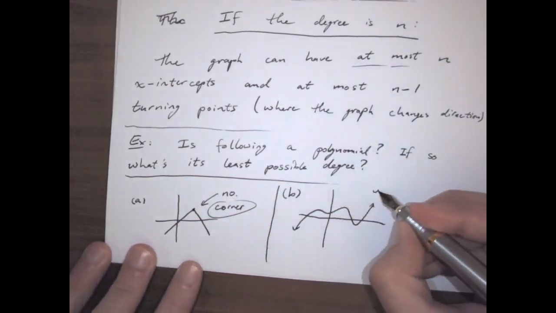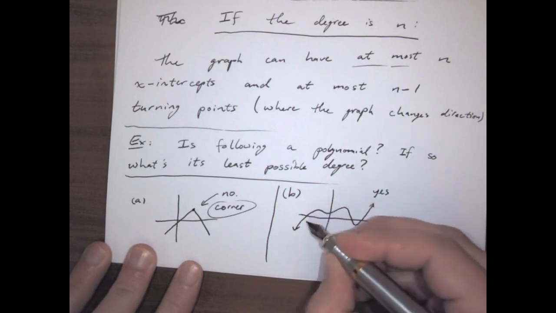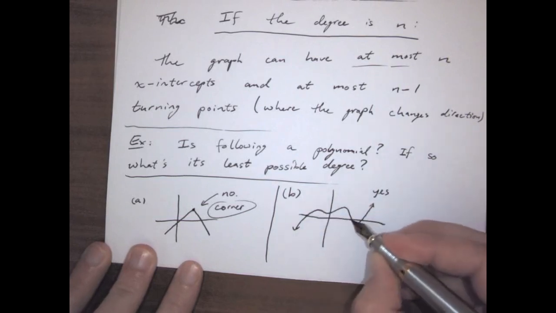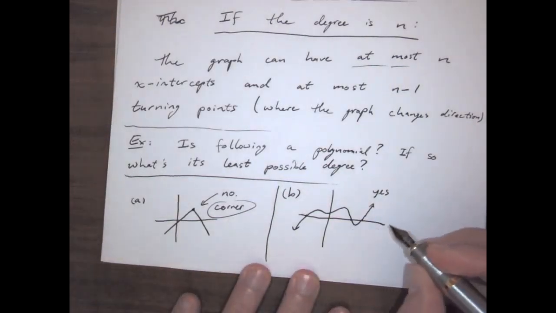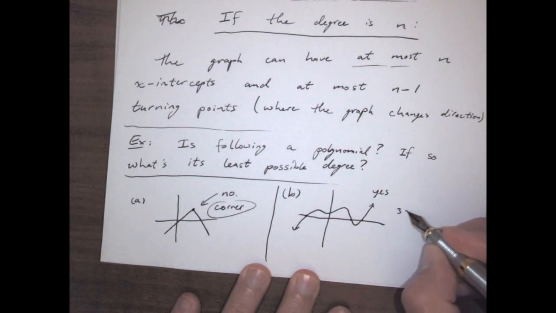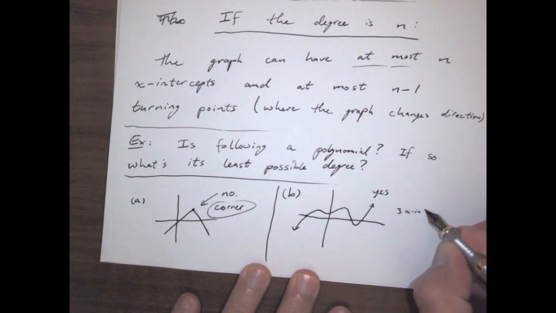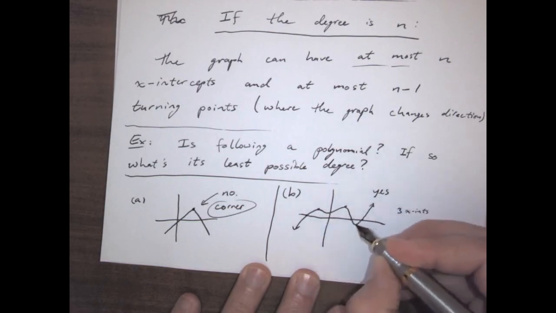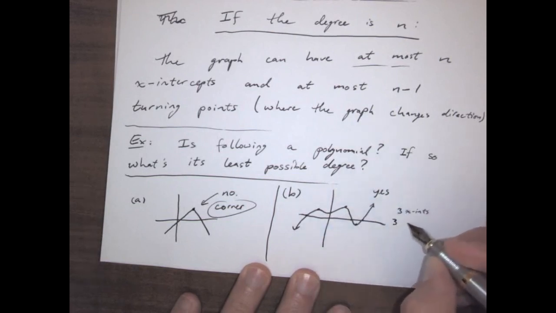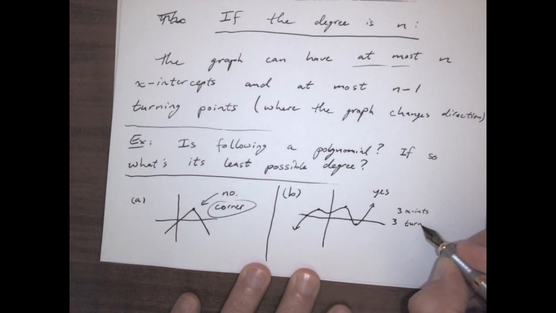So yes, and then you can look at the x-intercepts and look at the turning points to make a decision about the possible degree. So it has 3 x-intercepts, but you'll notice 1, 2, 3, 4 turning points.